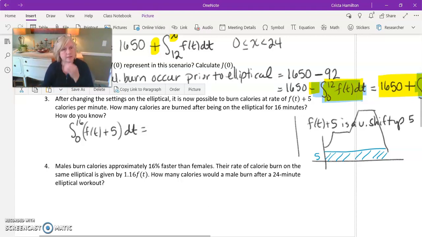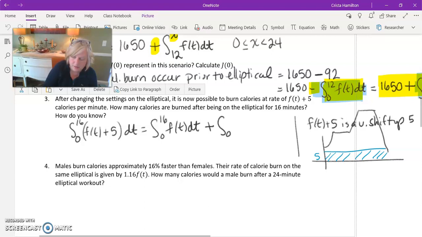And we learned that the antiderivative of a sum is nothing more than the sum of the antiderivatives. So what we'll see here is that it's exactly the same thing: the definite integral of f of t plus 5 ends up being the definite integral from 0 to 16 of f of t dt, simply added to the integral from 0 to 16 of 5 dt.